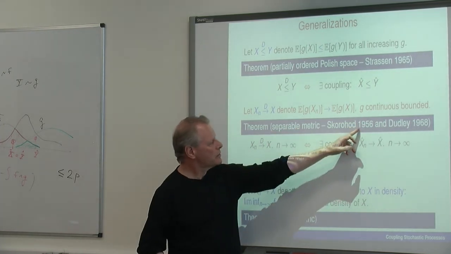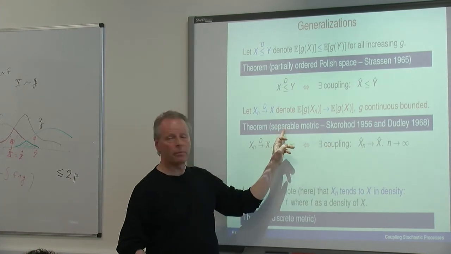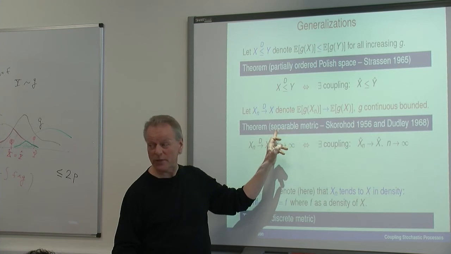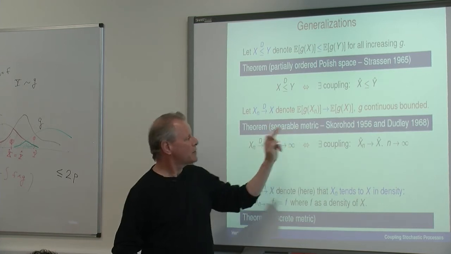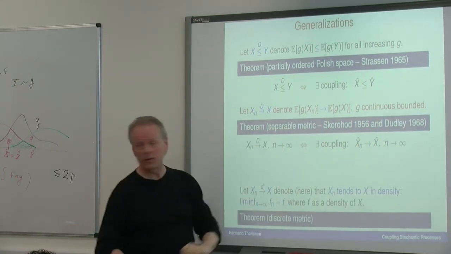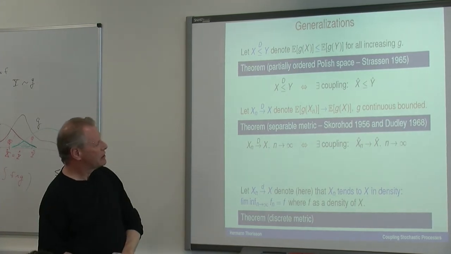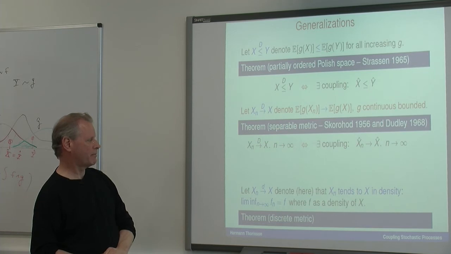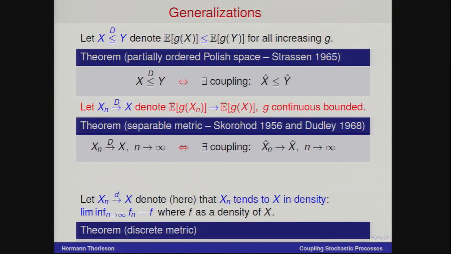Skorohod proved in '56 that separable complete spaces are okay, Polish spaces. And Dudley in '68 extended it to the separable case. So this result is quite general. But what about this one? We have continuous random variables.